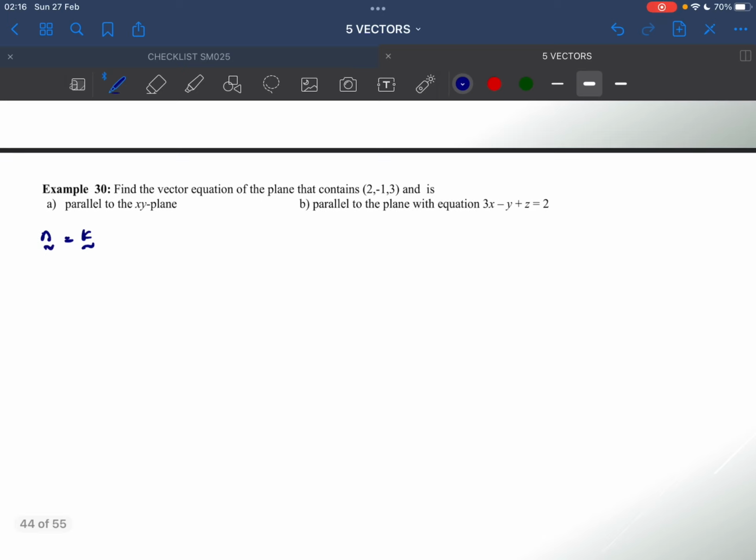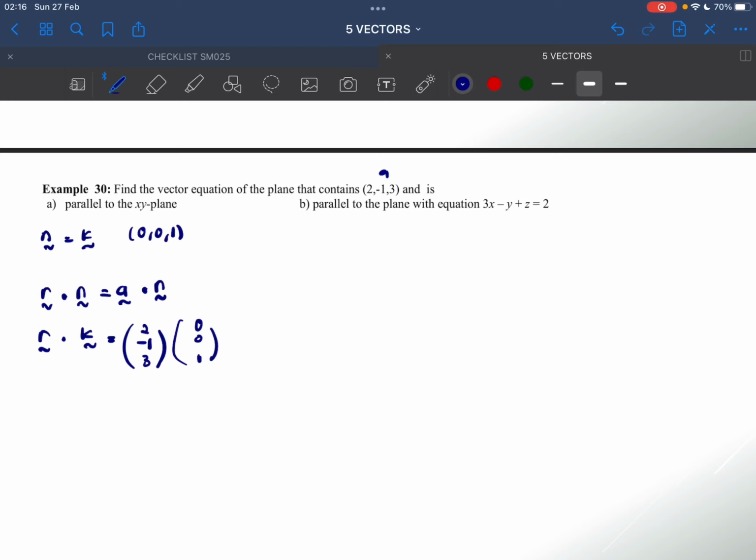Now the vector equation of a plane is r dot n equals a dot n. So r, just leave it like it is. The normal here is k, 0i plus 0j plus 1k, so we can just write k there. a is the point here, so we have (2, -1, 3), and the normal is 0 0 1.